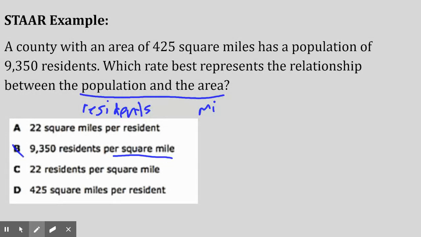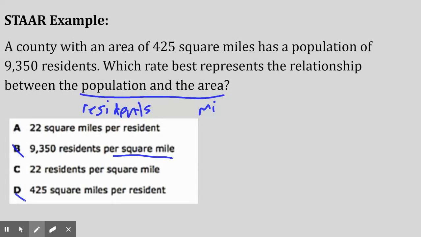Now, I can also get rid of D. Why? Well, it says 425 square miles per resident. Well, we know from our problem it is 425 square miles per 9,350 residents. So that can't be it.